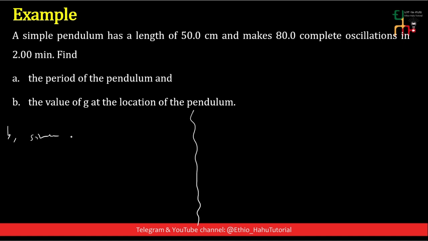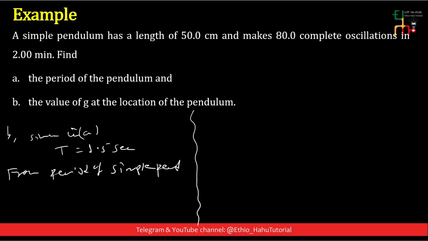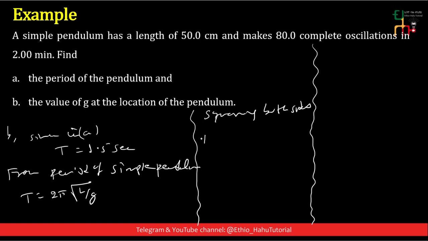since in A we have found that the period is equal to 1.5 seconds, and from the period of a simple pendulum, period is equal to 2 pi the square root of L over g, squaring both sides, period square is equal to 4 pi square L divided by g.